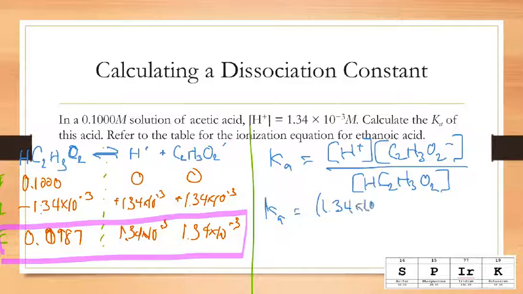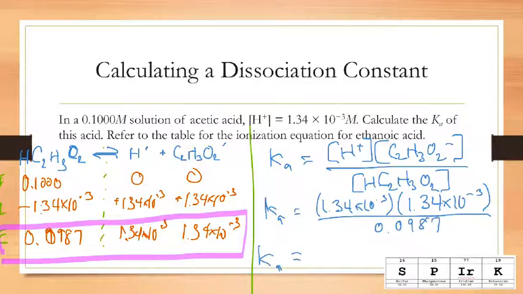So we just plug in all of these values: 1.34 times 10 to the negative 3 times 1.34 times 10 to the negative 3, all over the equilibrium concentration, 0.0987. And when we punch that into our calculator, we get a Ka value of 1.82 times 10 to the negative 5.